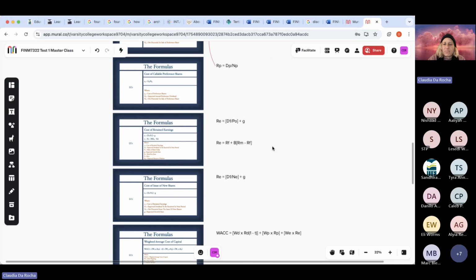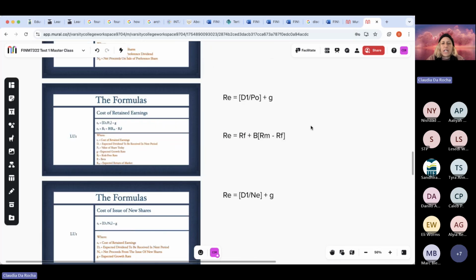All right. Then we have the cost of retained earnings. So the cost of retained earnings, remember I said it's either the dividend growth model or it is the CAPM. The first one is the dividend growth model.